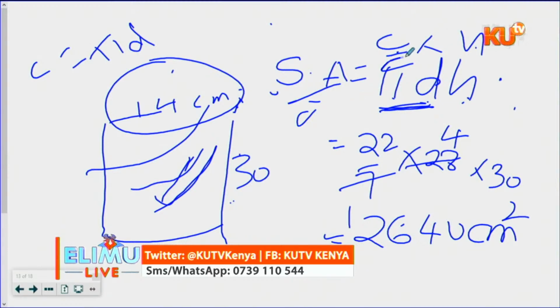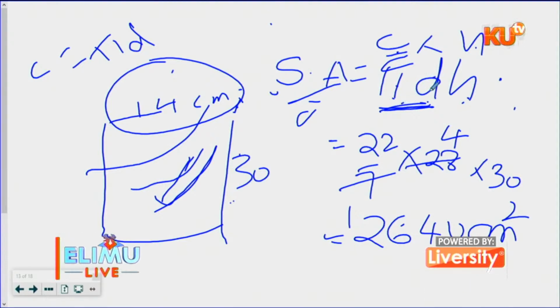Circumference is given as pi d. It is simply the distance going around this shape on top. So it will be pi d h, 22/7 times 28 times 30.